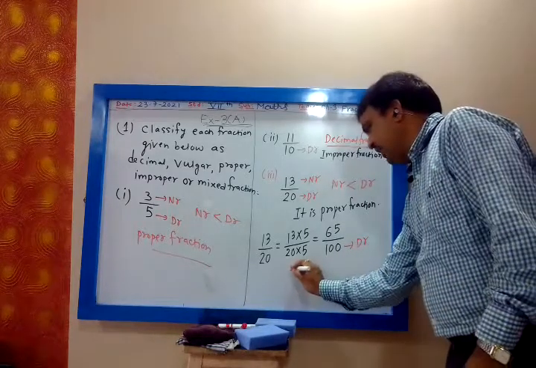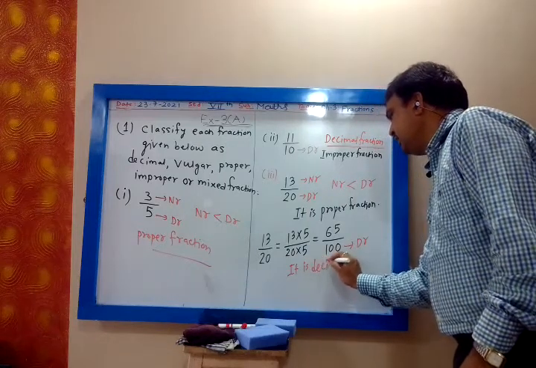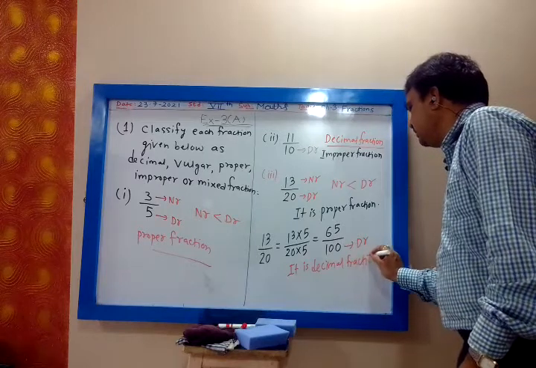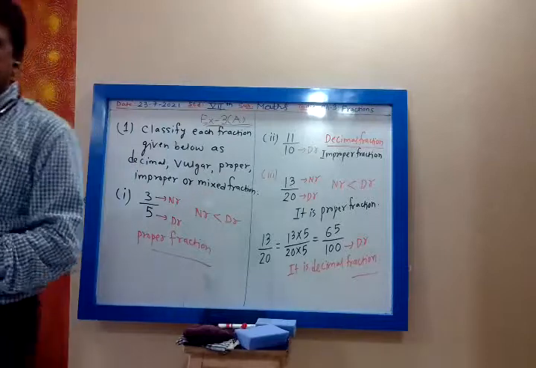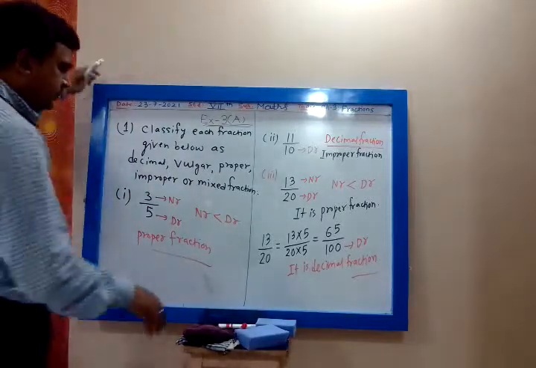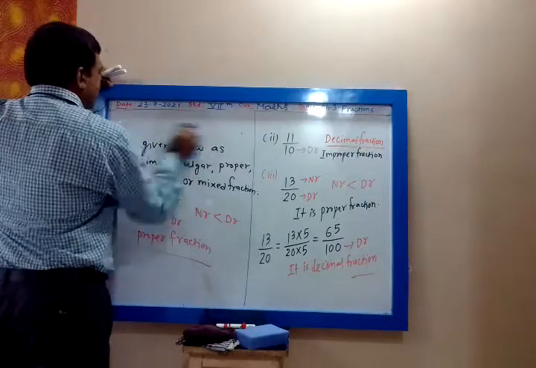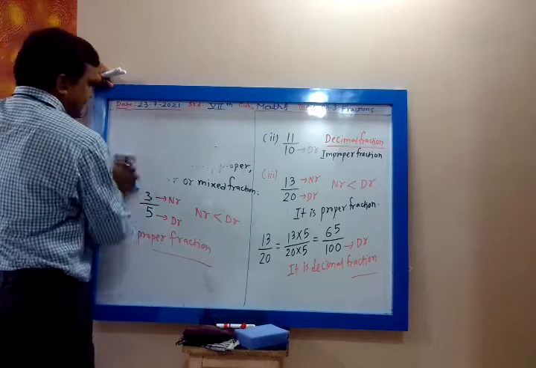So it is a decimal fraction also. 13 upon 20 is a decimal fraction also, and a proper fraction also, both.